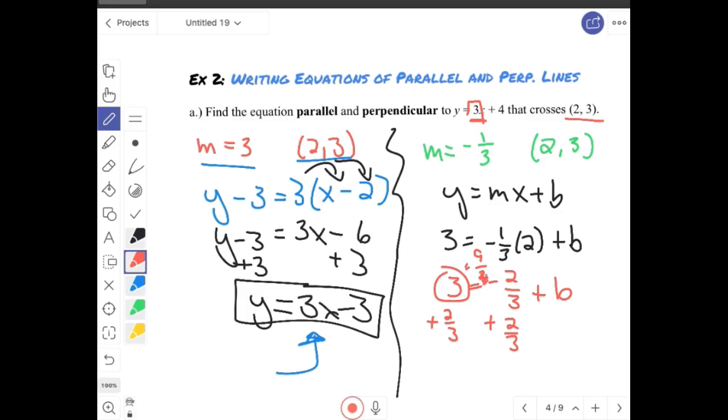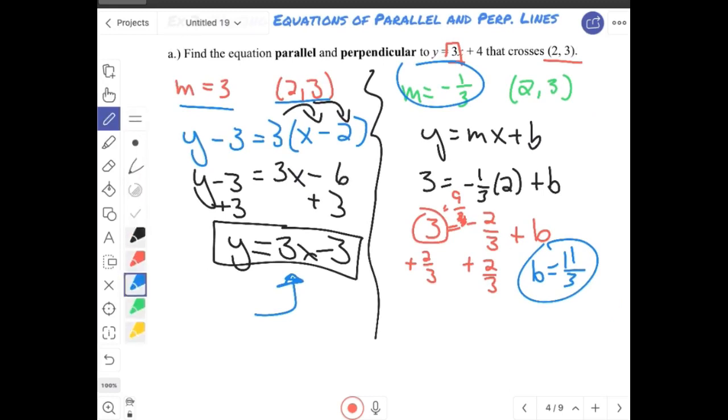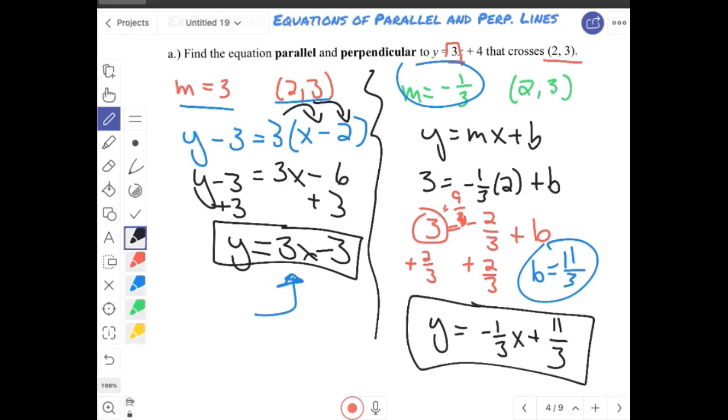So 9/3 plus 2/3 would be 11/3. So b equals 11/3. And now I just have to plug in my b value and my slope into that slope-intercept form of an equation. So y equals negative 1/3 x plus 11/3 would be our perpendicular line.